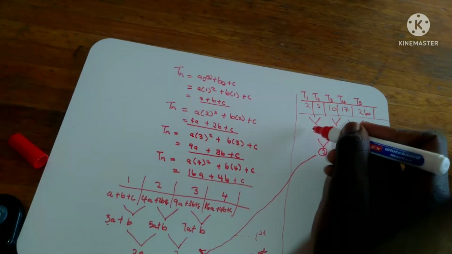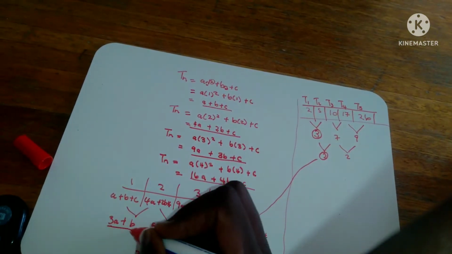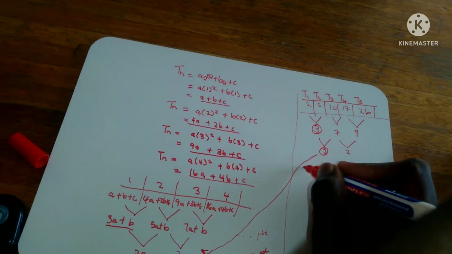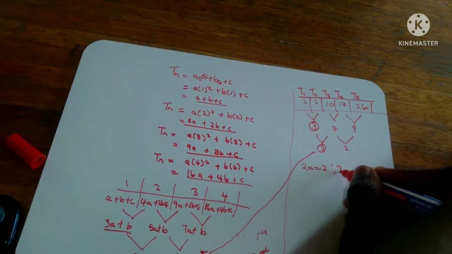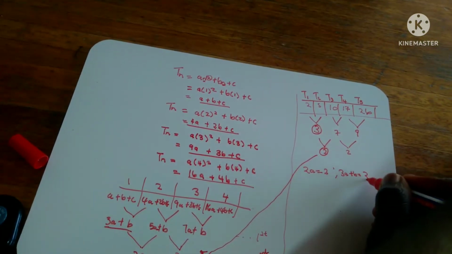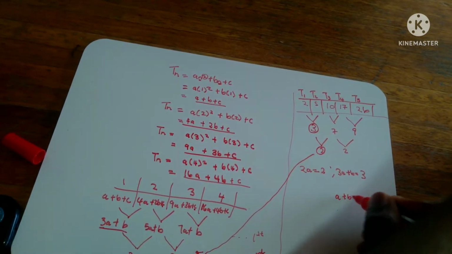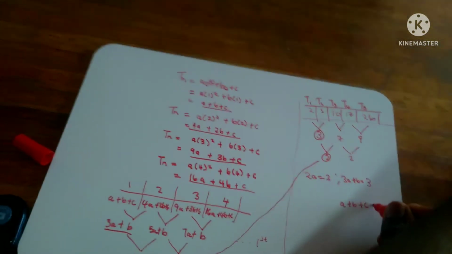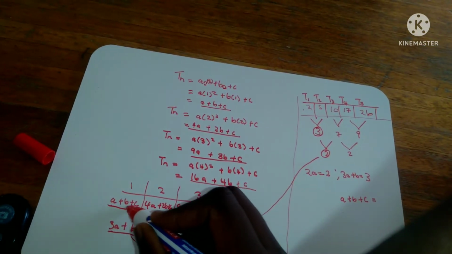Okay, and then this first term, you will link it up to this term, which is 3a plus b. That's why we say 2a is equal to 2, while 3a plus b is equal to what? To this 3. You see, and then a plus b plus c will be equal to what? To the first term of the sequence, this term here.